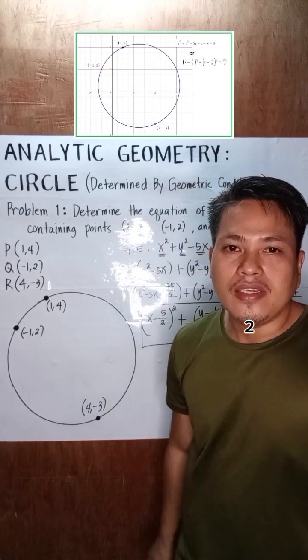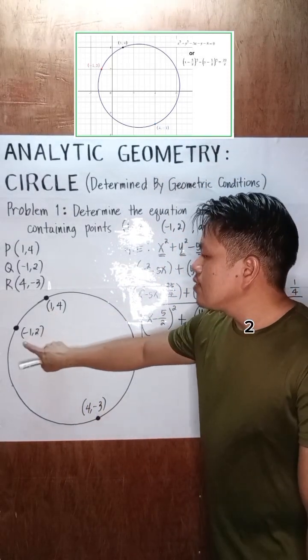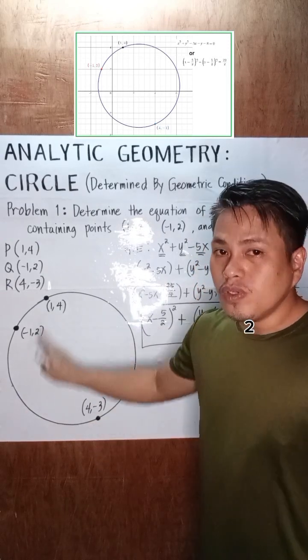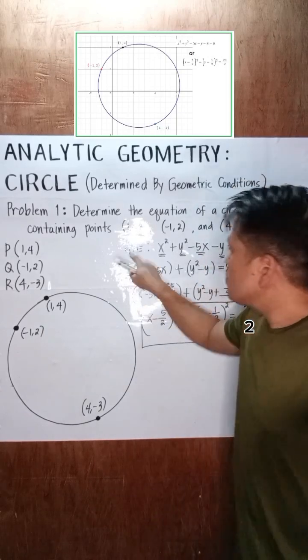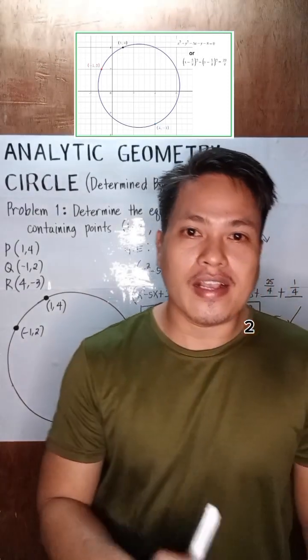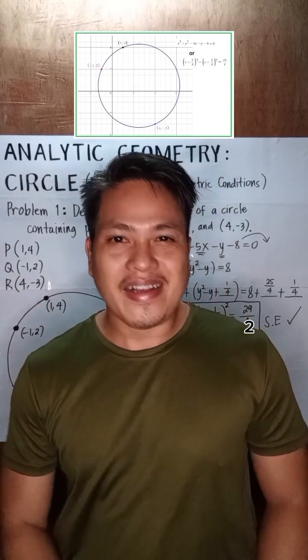And then, i-input din natin yung 1, 4, negative 1, 2, at 4, negative 3, kung siya ba talaga ay nasa circle nitong dalawang equation na. If that is the case, then correct ang answer natin. Itong answer na to ay na-double check ko na, kaya correct na yan.